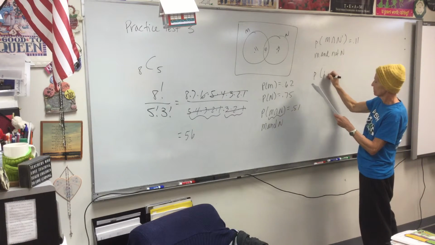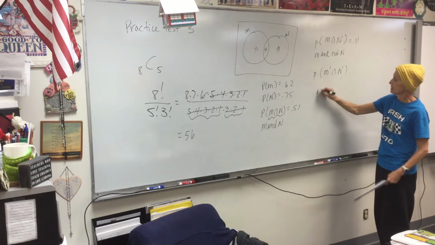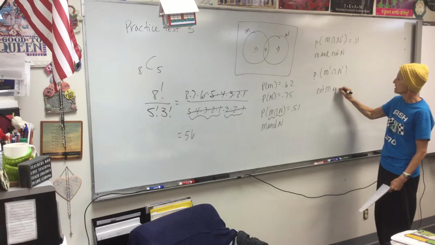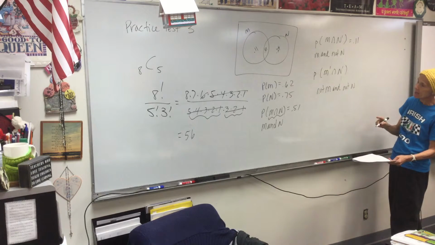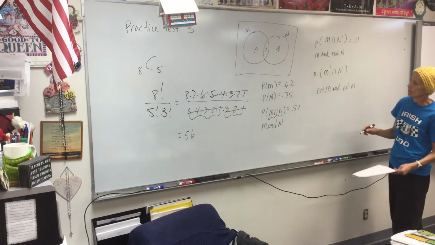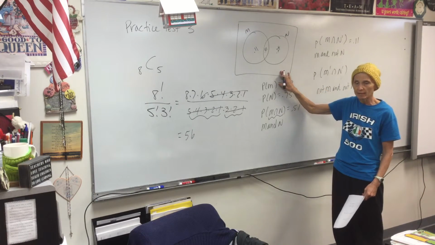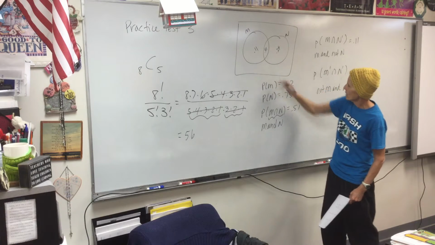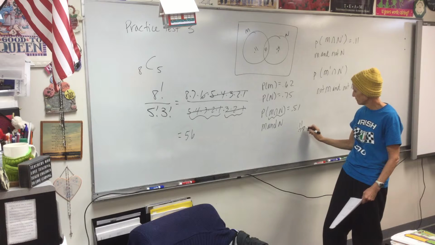And then we want the probability of not m and not n. Okay, now wait a second. That would mean you're out here. Well, I haven't found that number yet, have I? Let's add these up. We have 0.11, 0.51 and 0.24.